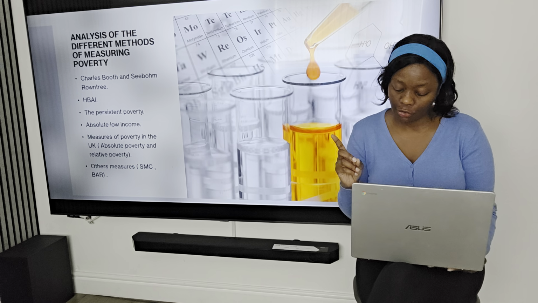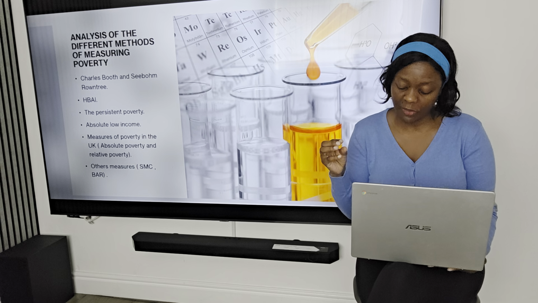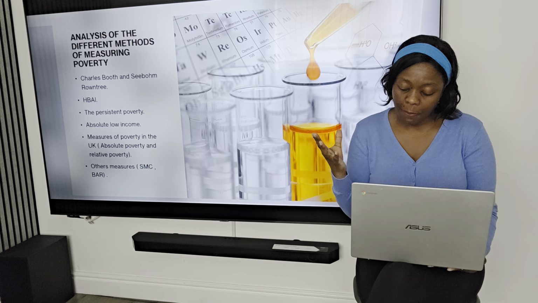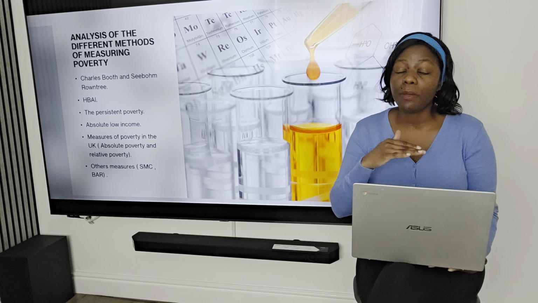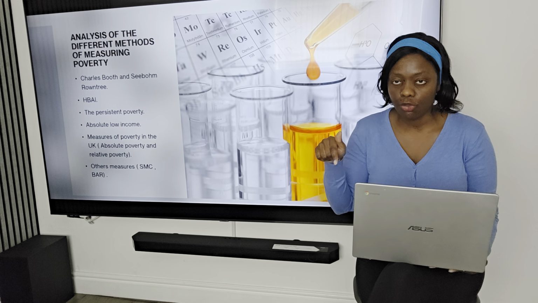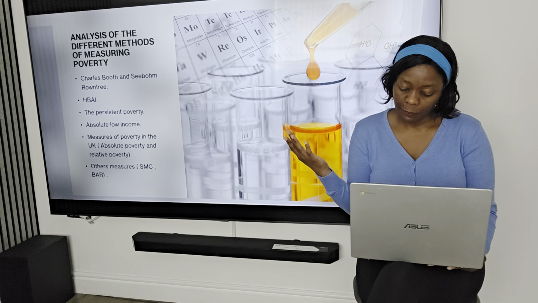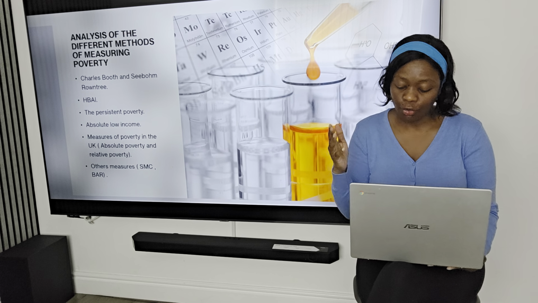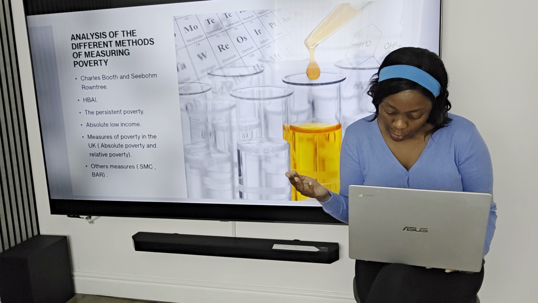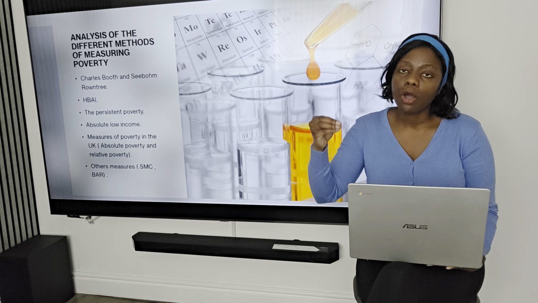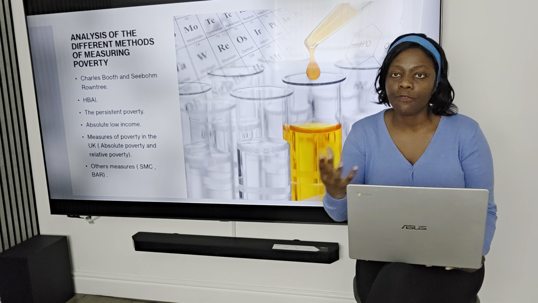The second measure is relative poverty, being the amount of people with income below 60% of the median, as we are talking today. The relative approach is likely to be used by the government because it uses current data and statistics of the country.